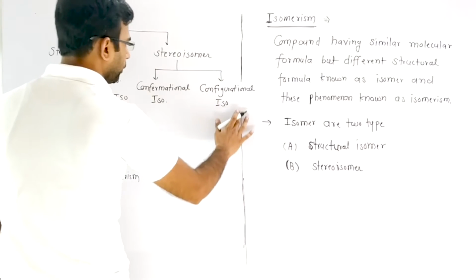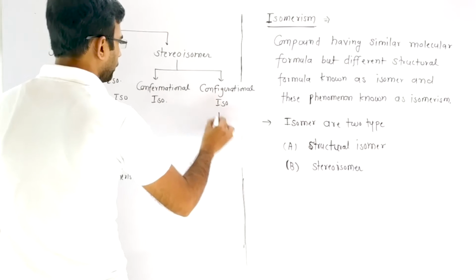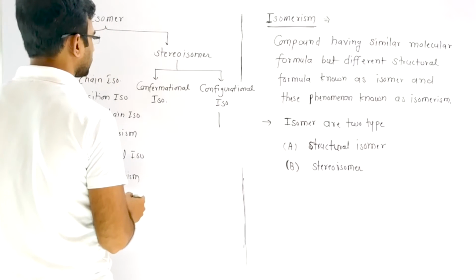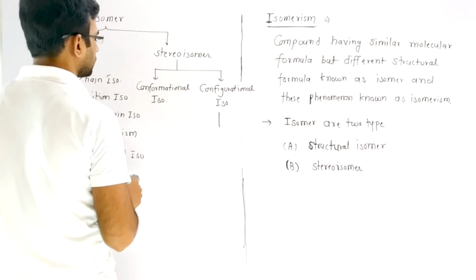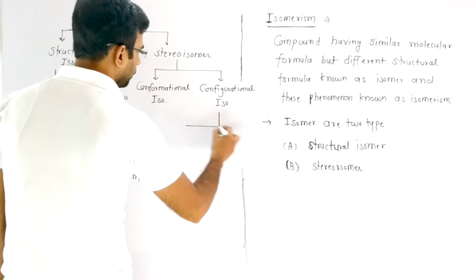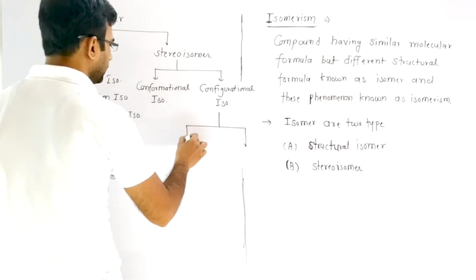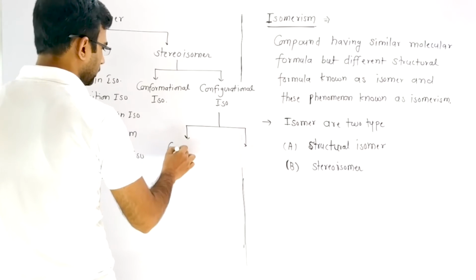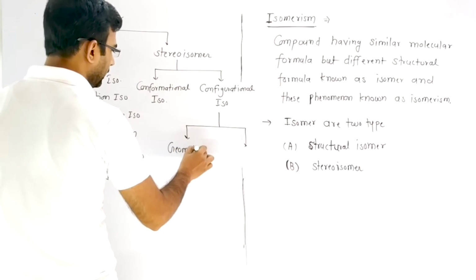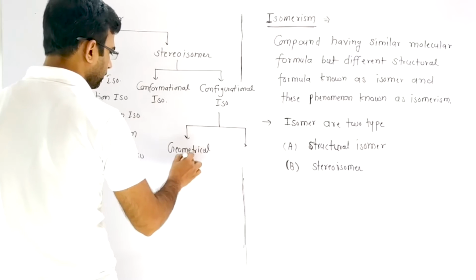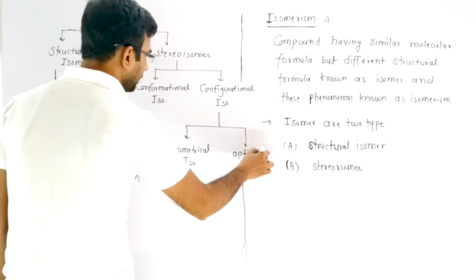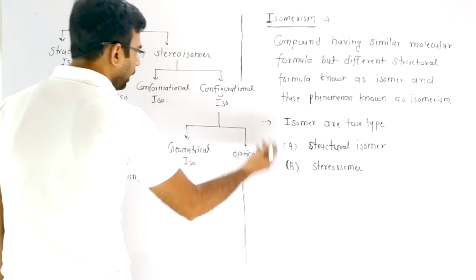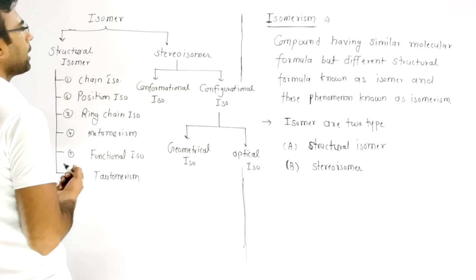Configurational isomer is further divided into two parts: geometrical isomerism and optical isomerism. So these are our outline of isomerism.